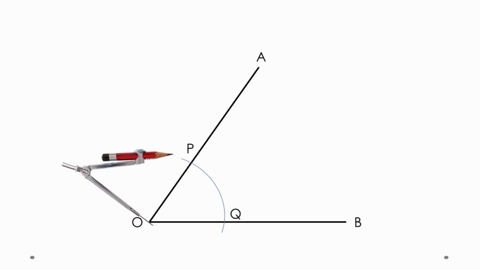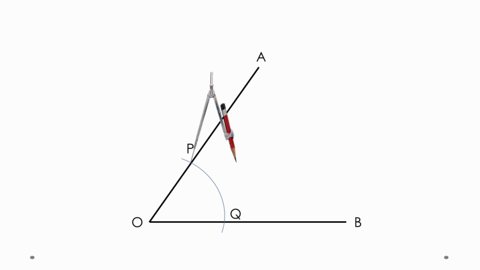Now, measure a radius greater than half the length of PQ. With the measured radius and P as the center, draw an arc above PQ. With the same radius and Q as the center now, draw another arc above PQ.